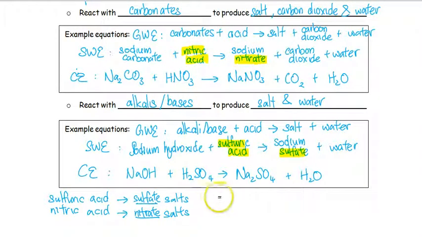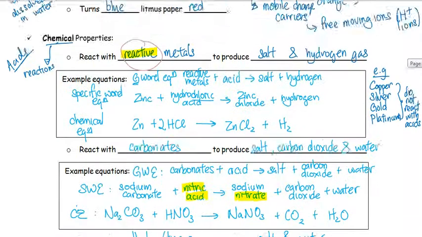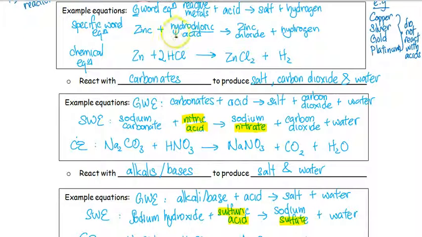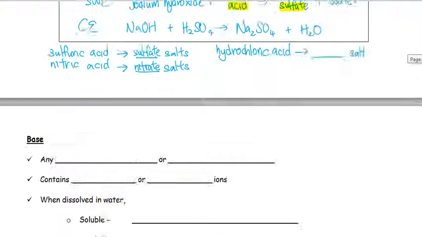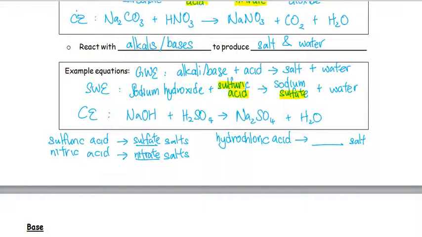And lastly, if I use hydrochloric acid, what type of salt will I produce? Chloride salt. Okay, so it produces a chloride salt.